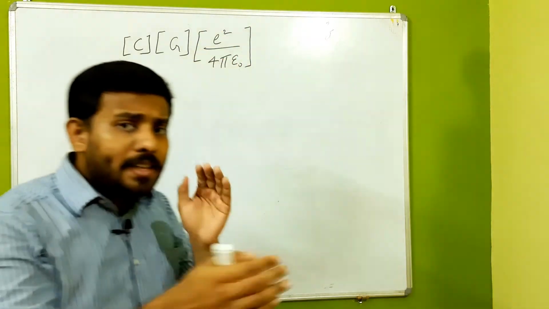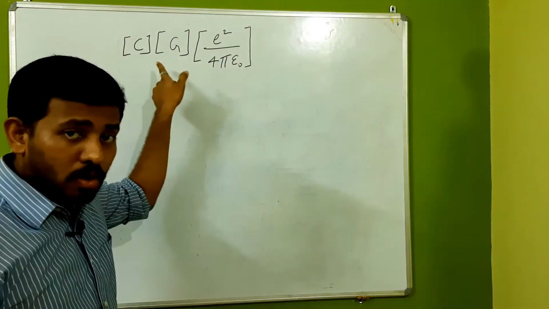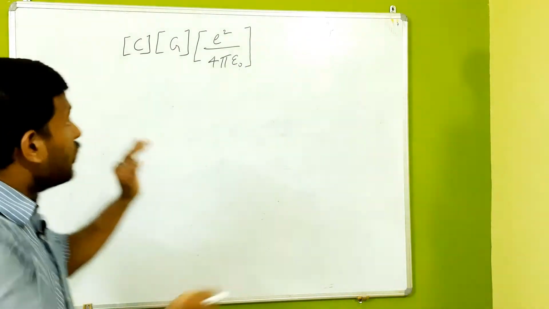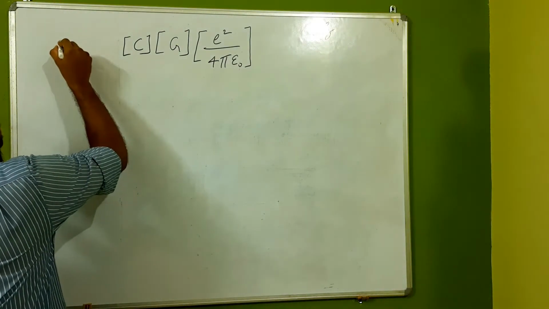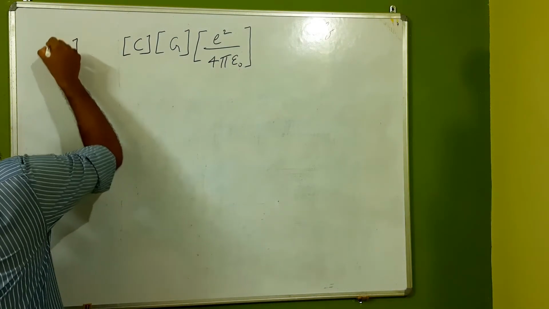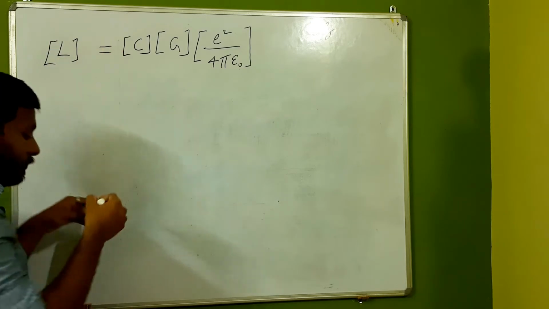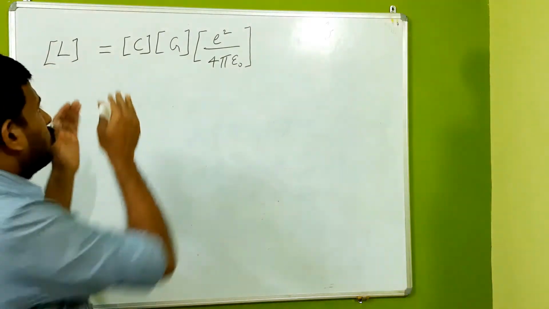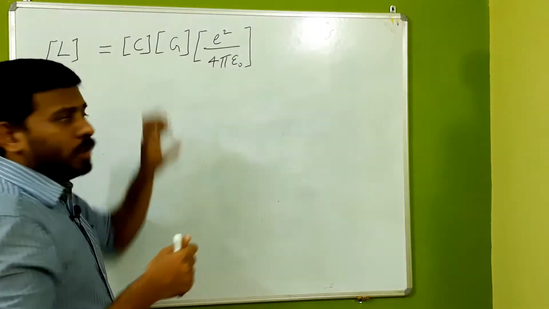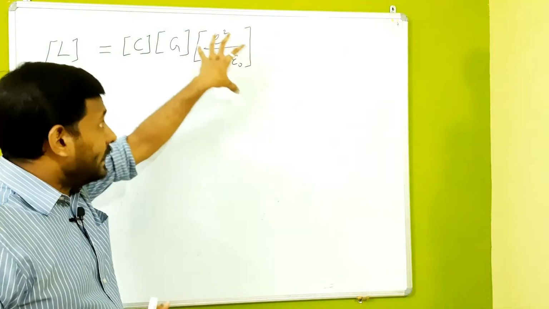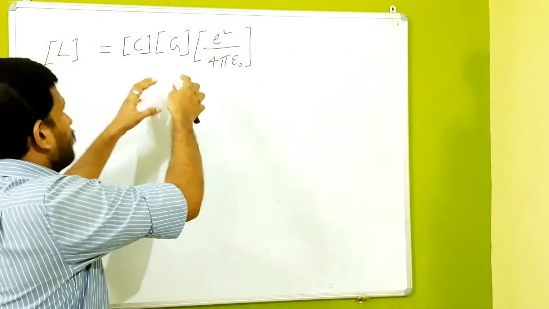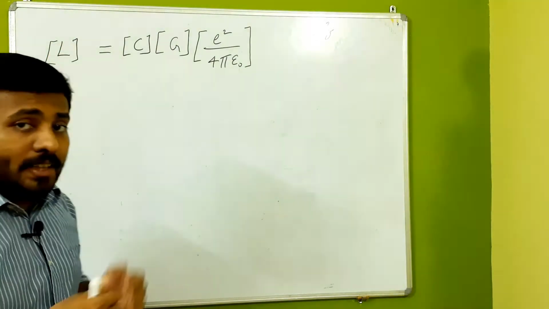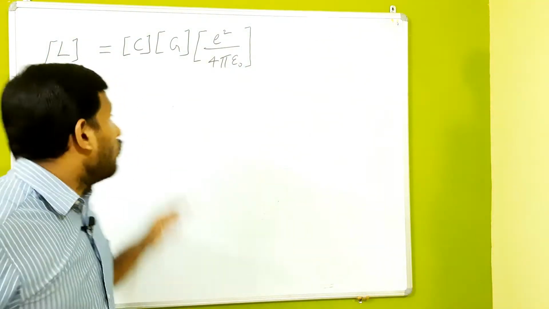So we have to combine these three things, that is the velocity of light, G and this term, e square by 4 pi epsilon 0, to get a physical quantity whose dimension is equal to that of length. But we don't know how much we should take of c, how much of G, and how much of this quantity to combine.